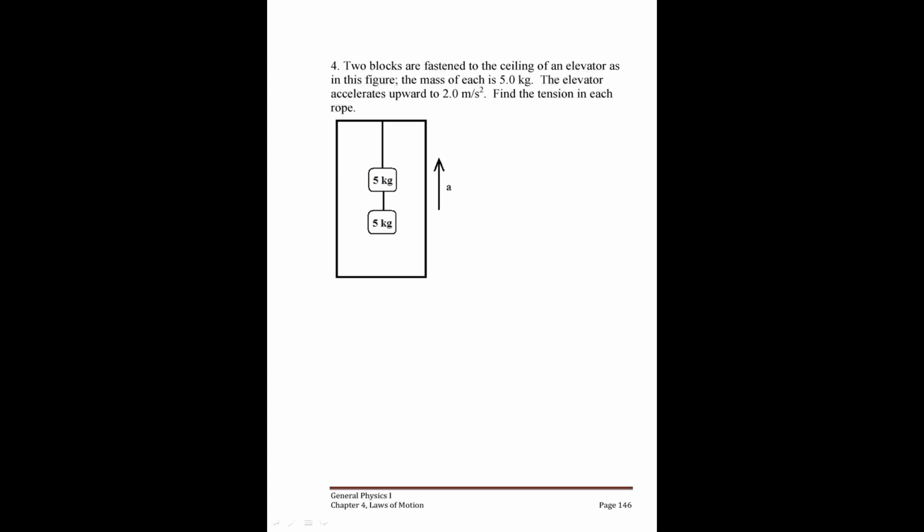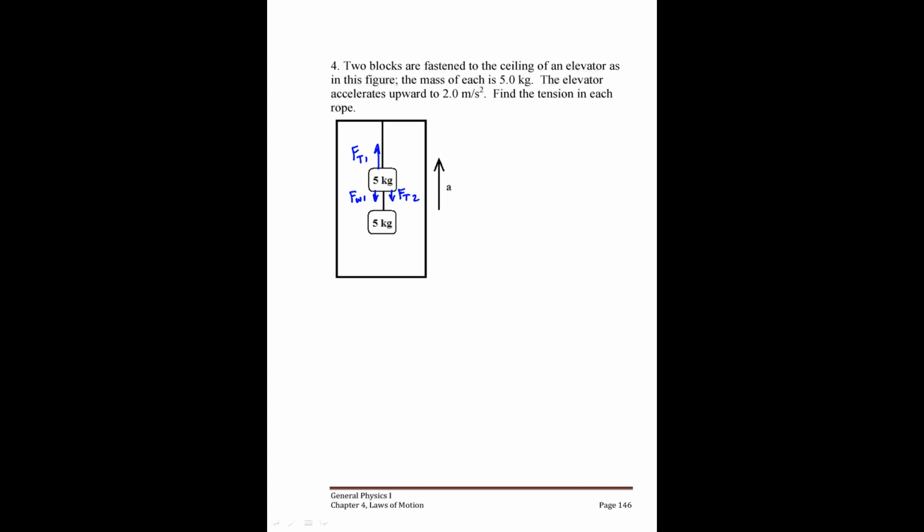It's useful to take each block separately and label all the forces on them. So I'm going to label the forces on this top block. We'll call this FT1. That's the tension in the top rope. FW1. That's the weight of the block. And then you also have FT2.